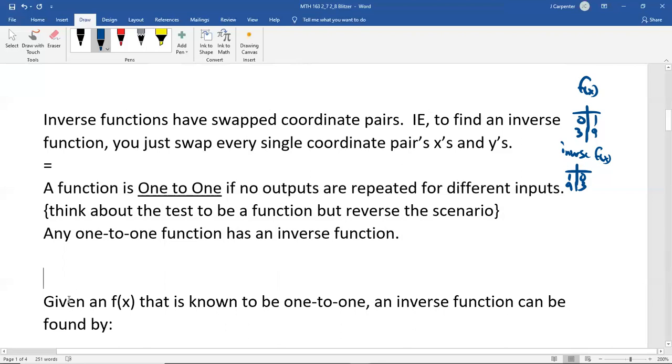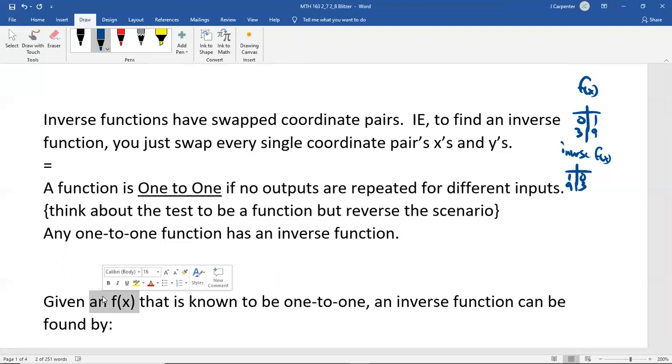Okay, so given an f of x, so given some function, and I have to give you a function. I just can't give you an equation and ask for its inverse. You have to know that it's a function, or you have to be able to determine that it's a function. If you have something that's not a function, you can't find an inverse function because the first thing wasn't a function.